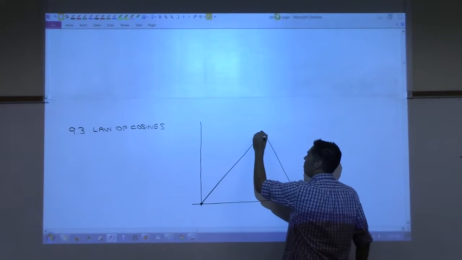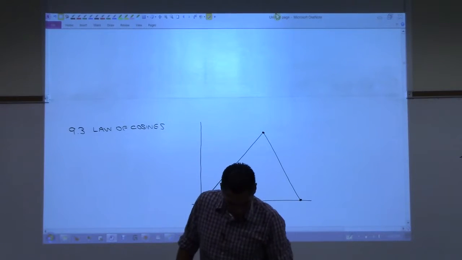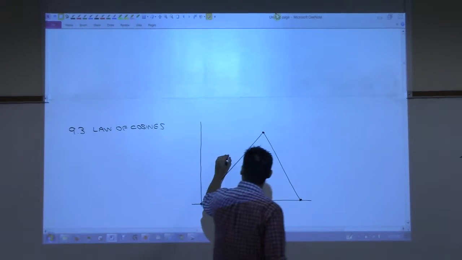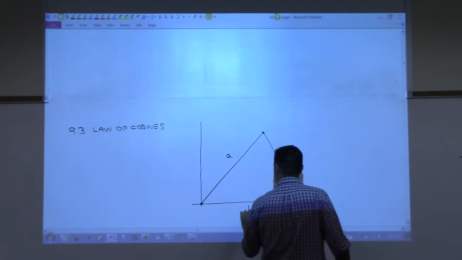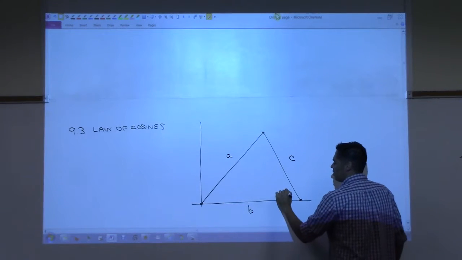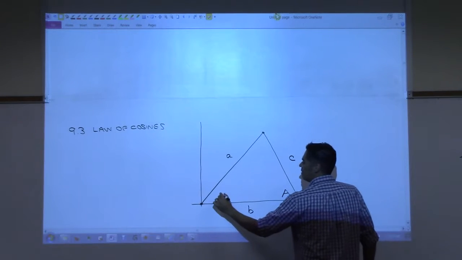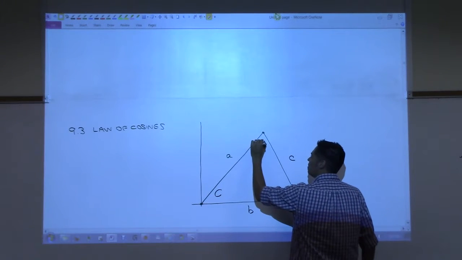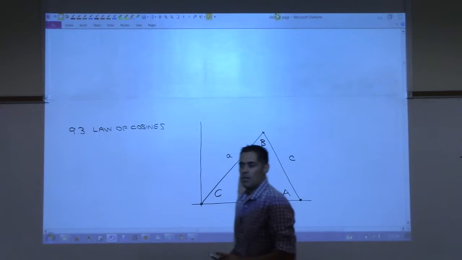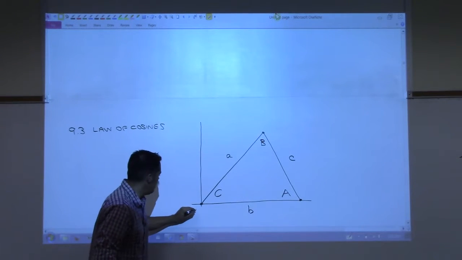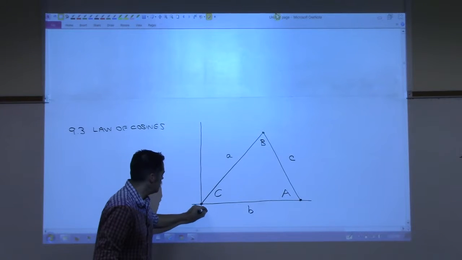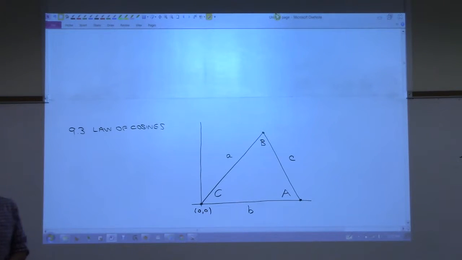I'm going to label this side little a, this side little b, and this side little c, which forces this to be angle A, this to be angle capital C, and this angle to be capital B. So there's a triangle. This is the origin, which means this is the point 0, 0. Everyone okay with that?